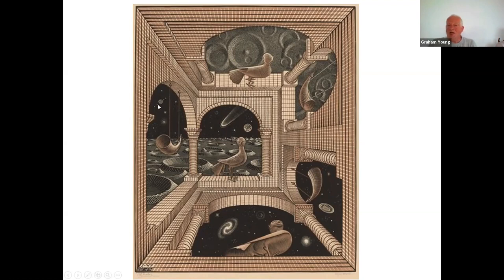Now, what amazed me was this one here. There's a planet and there's rings around it. And these rings look exactly like the rings around the planet Uranus. And I thought, isn't that amazing? That's just like Uranus. The only difference is this was produced over a century before the rings of Uranus were actually discovered.